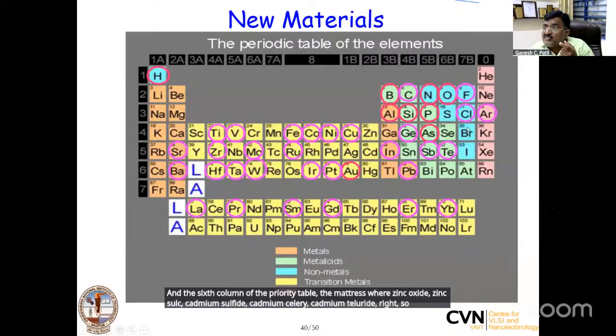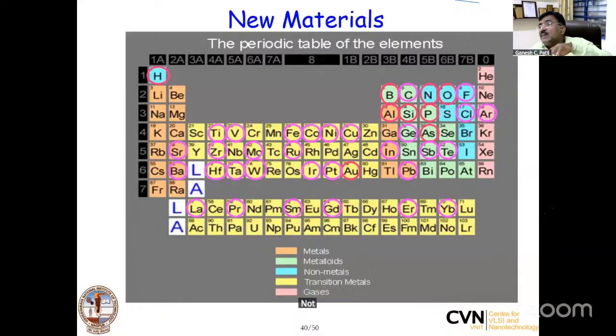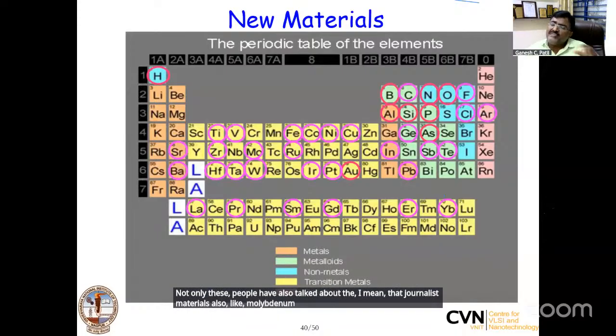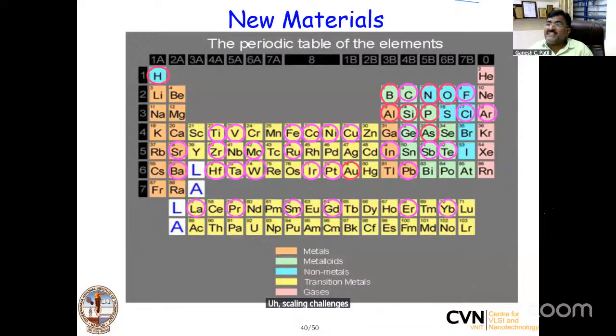So these are the 2-6 semiconductors people are looking into. Not only these, people have also talked about dichalcogenide materials like molybdenum disulfide, right? So these are the different materials people are looking into because we have to address the scaling challenges for the new developments in integrated circuits.